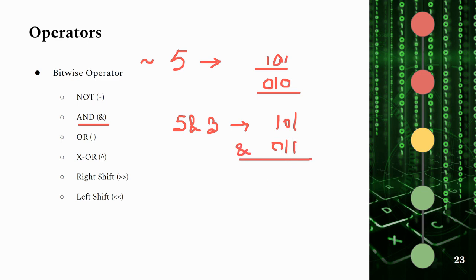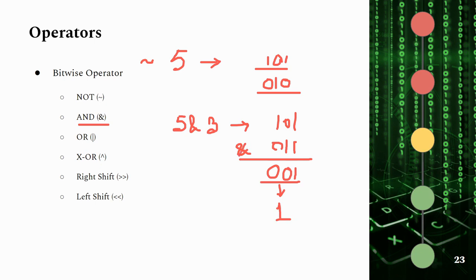So 1 and 0 equals 0, 0 and 1 equals 0, and 1 and 1 equals 1. So if we do 5 bitwise AND 3, the answer will be this, and it will then be converted back to an integer, which will be 1.